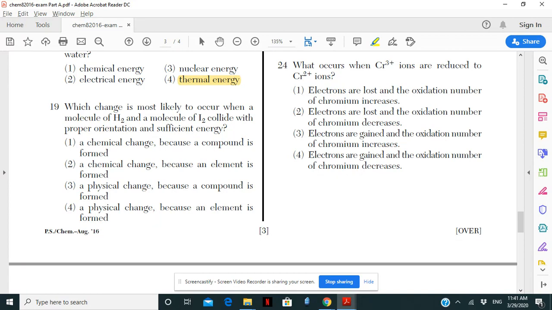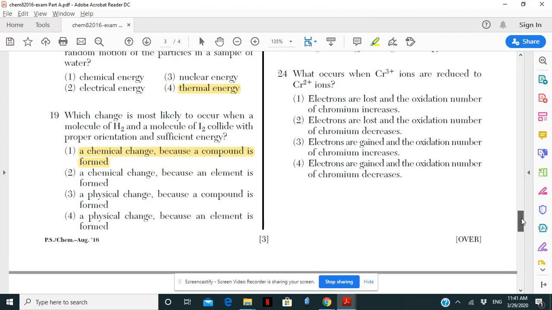Since they collide, upon collision I'm going to have a transfer of energy, breaking bonds and forming new bonds. In that case, it's going to be a chemical change because I'm going to have a new compound, which is HI, hydrogen iodide.